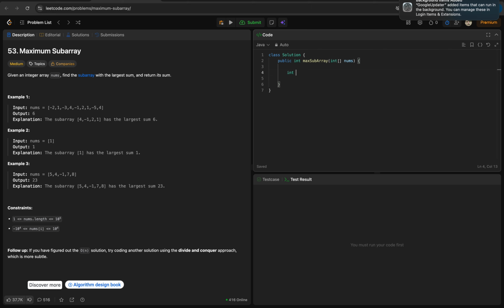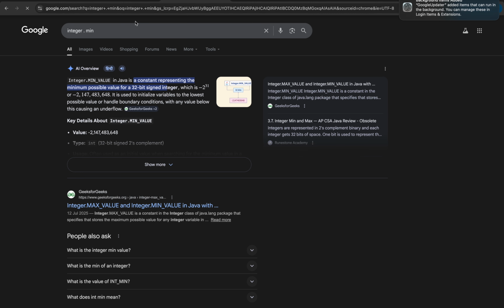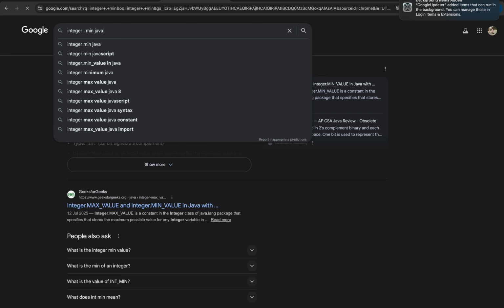We'll take a current sum as 0 and int max as Integer.MIN_VALUE. Is it Integer.MIN_VALUE to find the minimum value in Java?